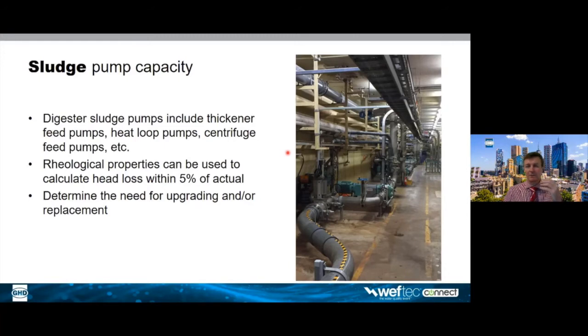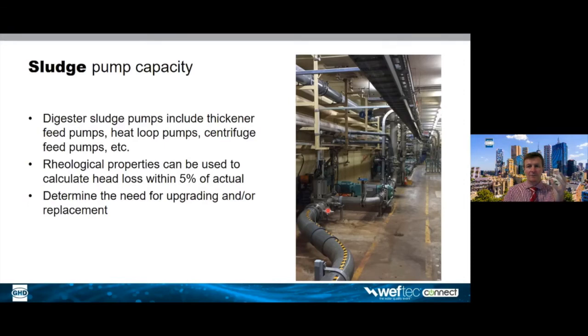This can include the suitability of existing pumps, the suitability of existing pipe work for the new system operating pressures, and ensuring that new systems that are designed to operate in the correct regions.